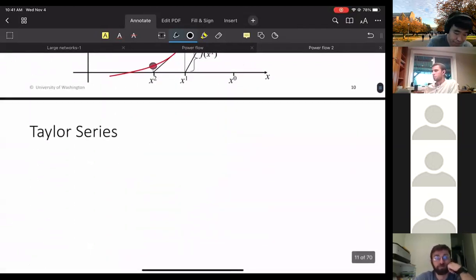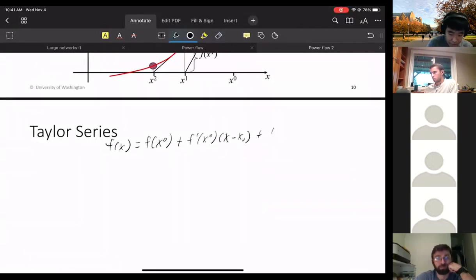If you think of a function f of x, assuming this function has a Taylor series, then f of x equals f of x0 plus f prime of x0 times x minus x0, plus 1/2 f double prime times x minus x0 squared, plus and so on. Okay, this is our Taylor series expansion. We're going to ignore the higher order terms.